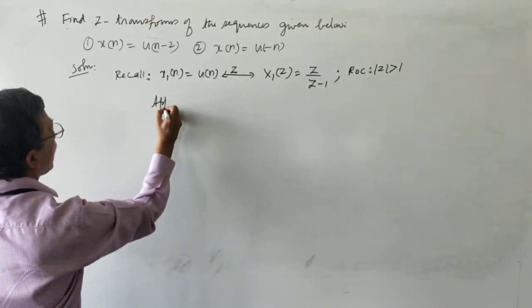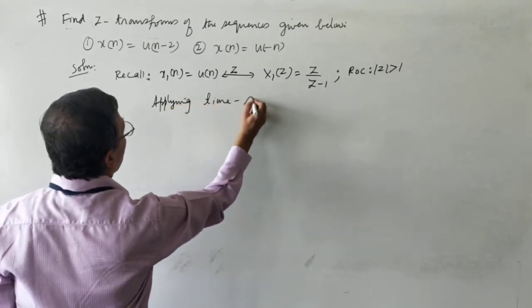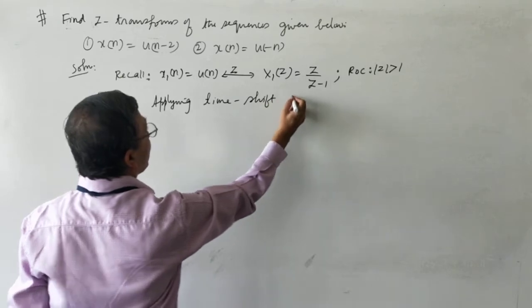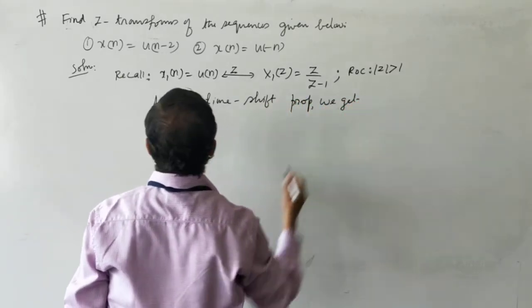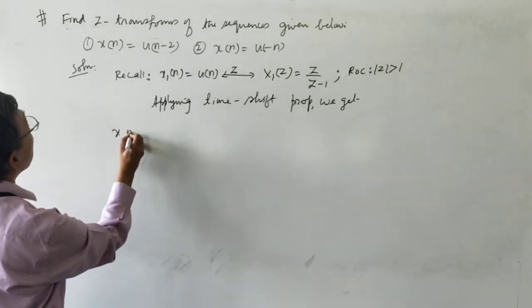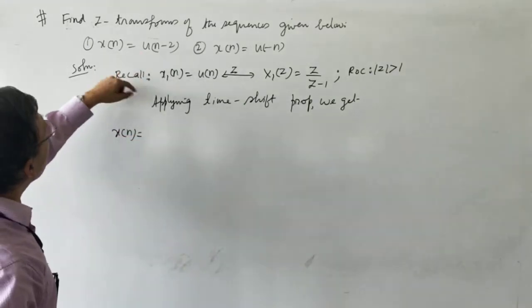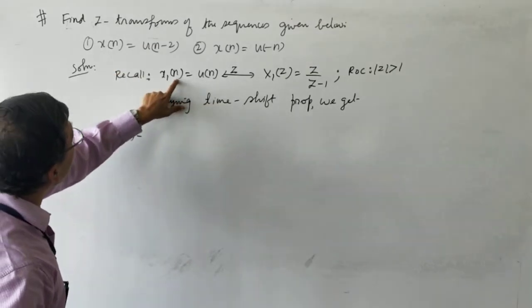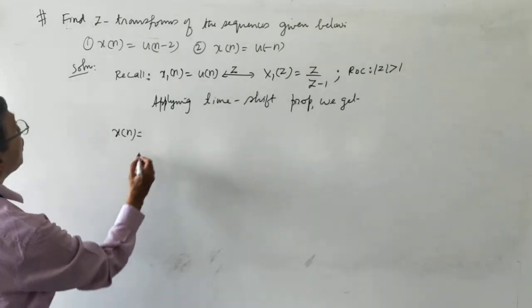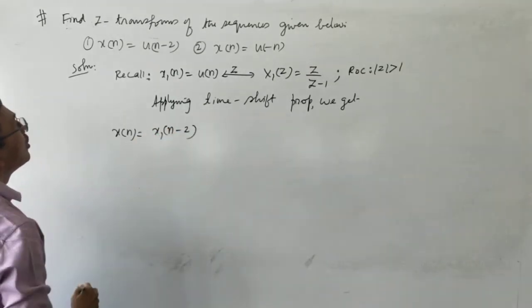Applying time shift property, we get, what is x of n? x of n is u of n minus 2, in terms of x1 of n, which is u of n. So what is x1 of n minus 2? u of n minus 2. So x of n is nothing but x1 of n minus 2.